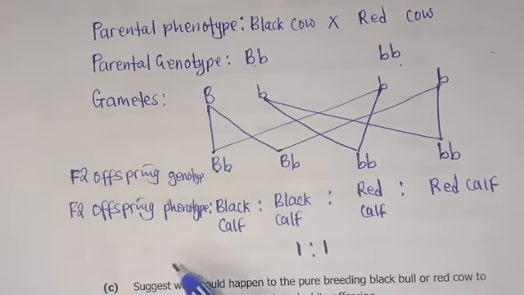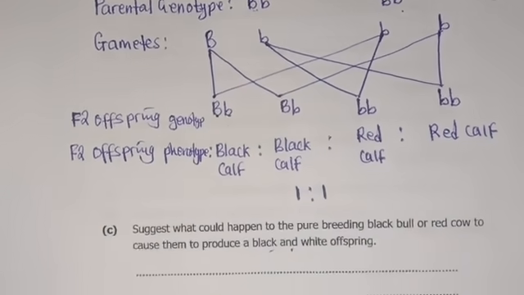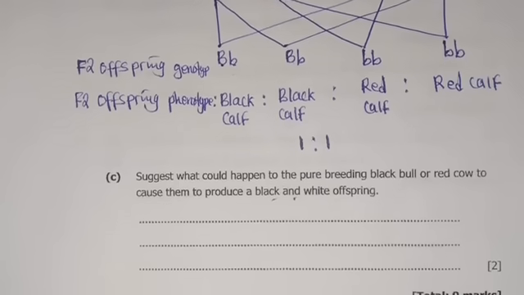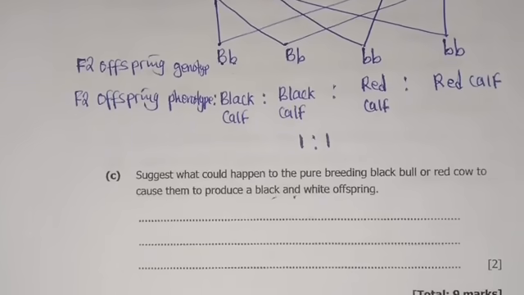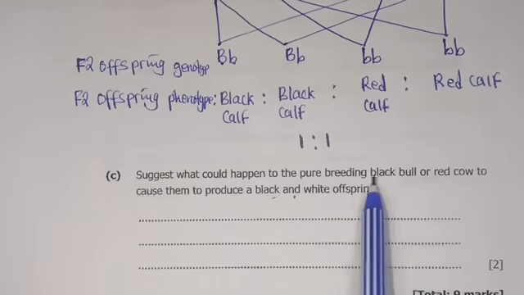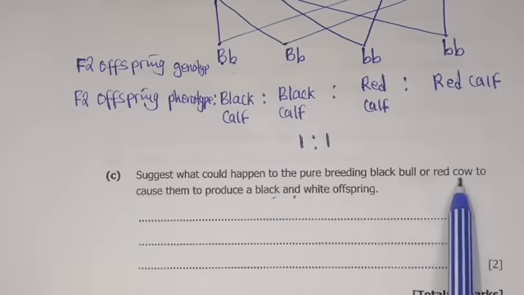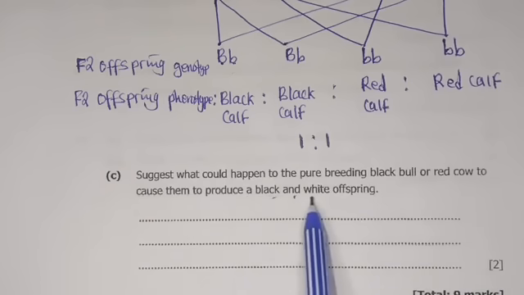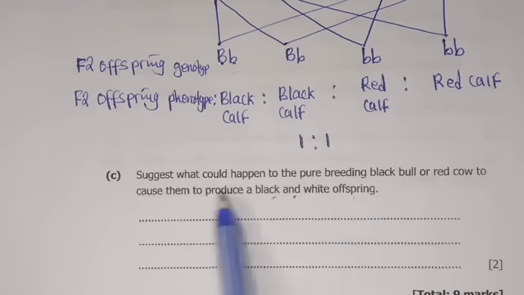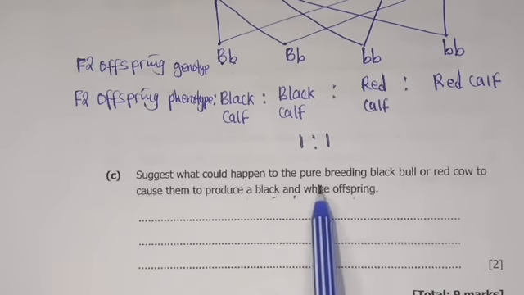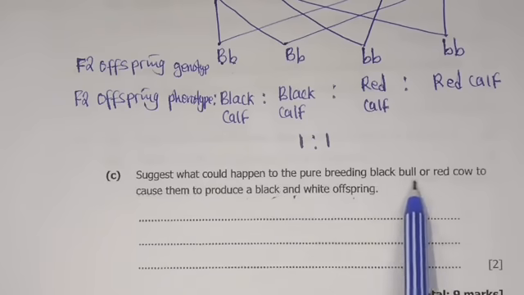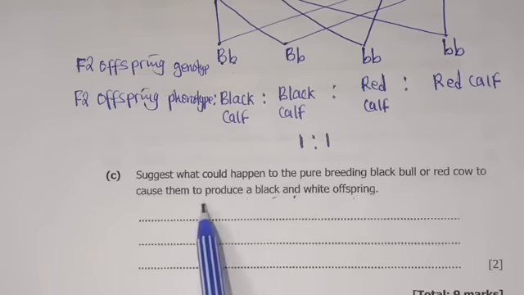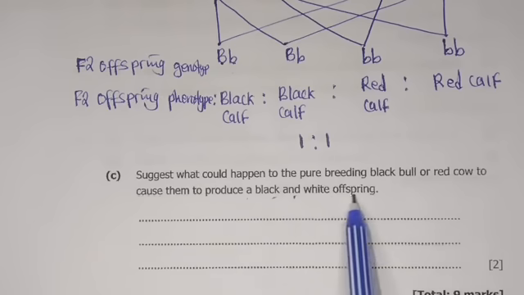They're very, very important. So let's now answer our question C, which is our last question right here. Our last question is saying, suggest what could happen to the pure breeding black bull or red cow to cause them to produce a black and white offspring.